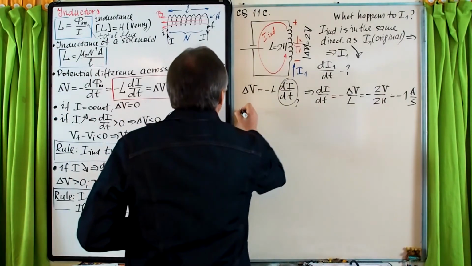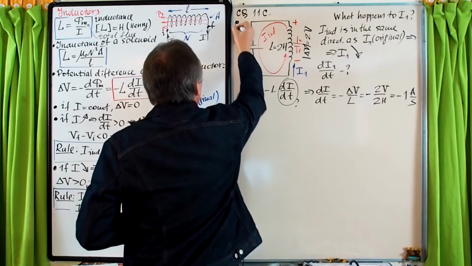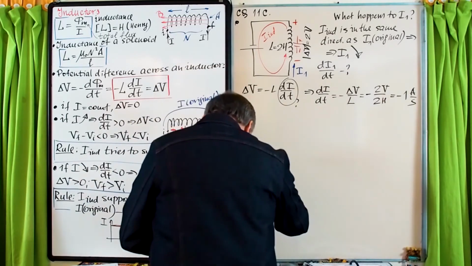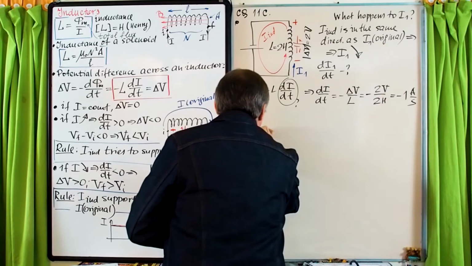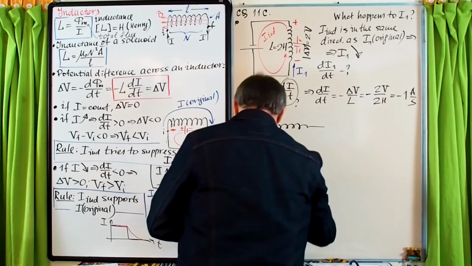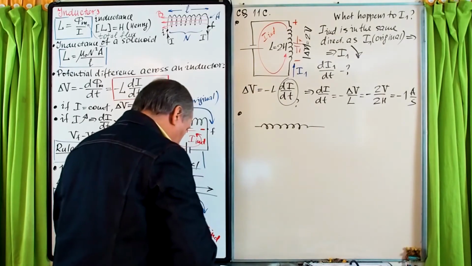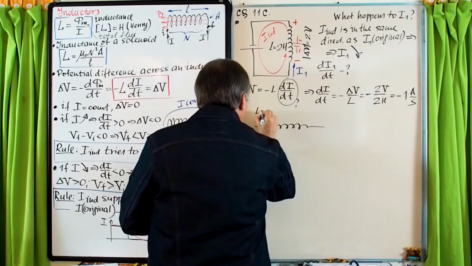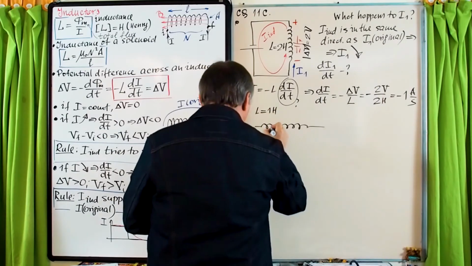Okay, now the next example. Let me put here first bullet, here the second bullet. Next example, let's say we have this solenoid, and what is given? L equals 1 Henry.